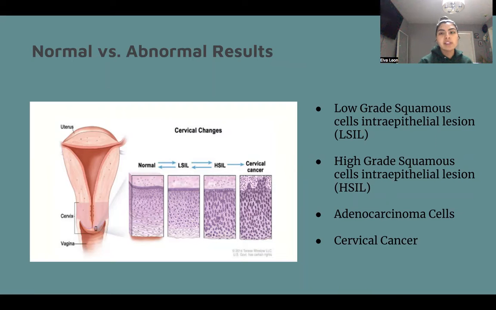Other infections include the low-grade squamous intraepithelial lesion, which is the first grade that can cause infection in the cervix. High-grade squamous intraepithelial lesion is more likely to lead to cancer, and that's due to chronic infection in the cervix.